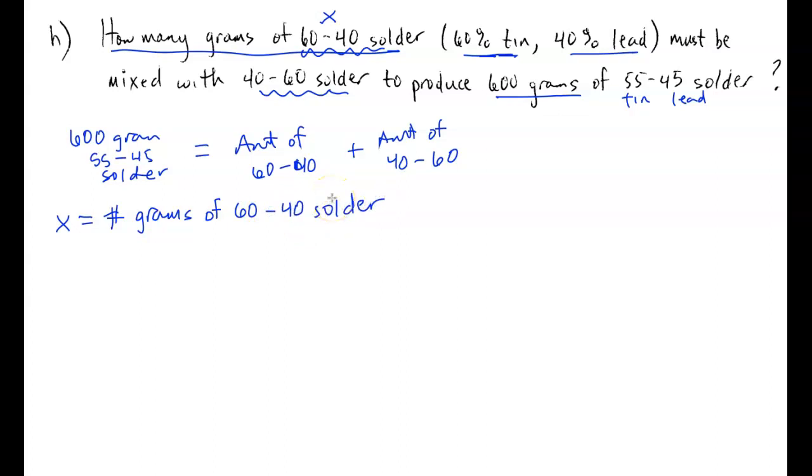Now, whatever amount we have here, X, of the 60-40, since we have to have a total of 600 grams, the remainder will have to be from the 40-60 solder. So if we have a total of 600 grams and we use X grams of the 60-40, then 600 minus X is the number of grams of 40-60 solder. Okay.